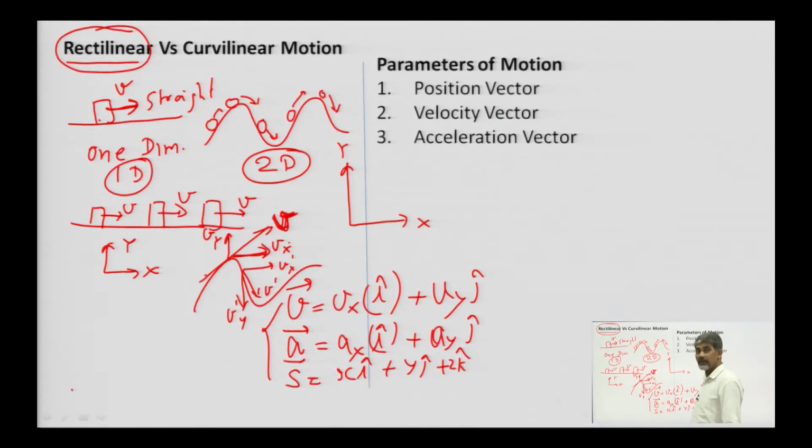So, in curvilinear motion, we do the questions separately for the horizontal and for the perpendicular axis in the same manner as we did in rectilinear motion.